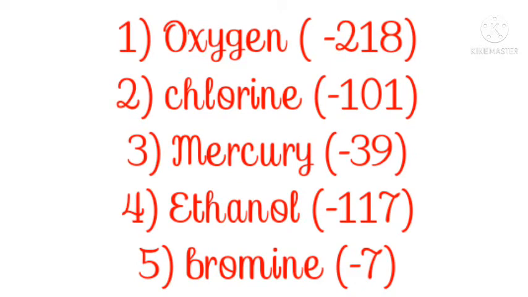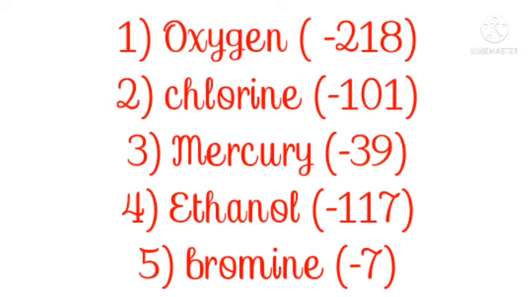Next, you will be learning some various substances and their melting points in degrees Celsius. 1. Oxygen. Melting point is minus 218. 2. Chlorine. The melting point is minus 101 degrees Celsius. 3. Mercury.